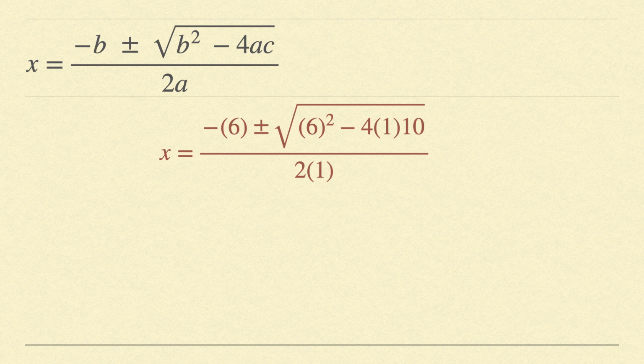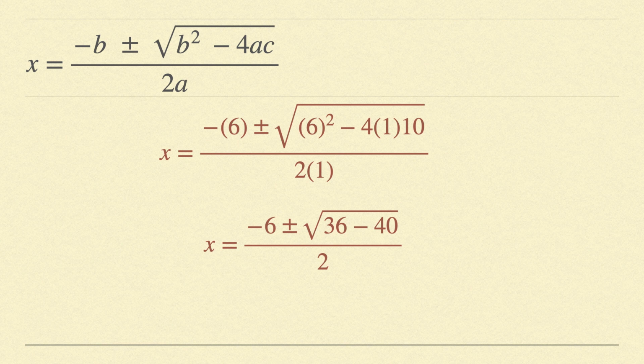Well, the opposite of 6 is negative 6. Plus or minus 6 times 6 is 36. Minus 4 times 10, which is 40. All divided by 2 times 1, which is 2. Let's keep going with simplifying. And x equals negative 6 plus or minus the square root of negative 4 divided by 2.